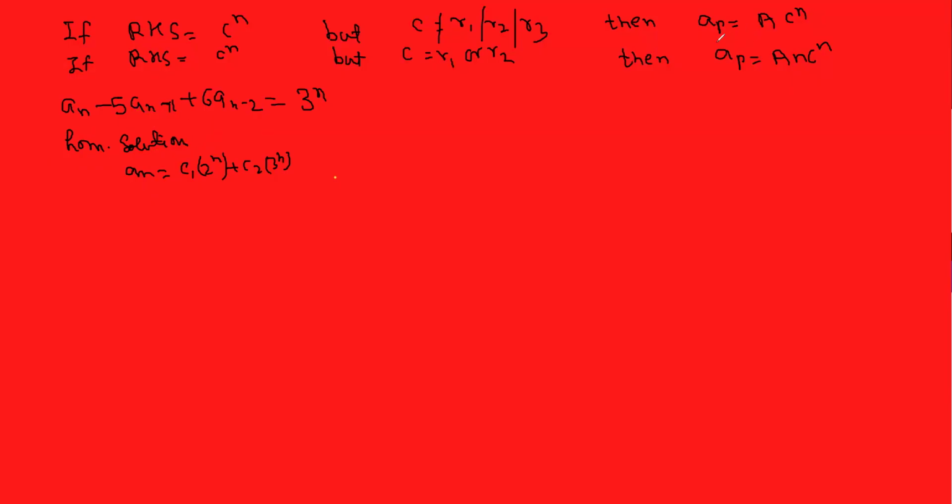Only the particular solution will be different. a_p will be changed. Same means you have to solve the homogeneous part in the same way. Okay. Let's see. First, we find the homogeneous solution. This is R1 and this is R2, right?